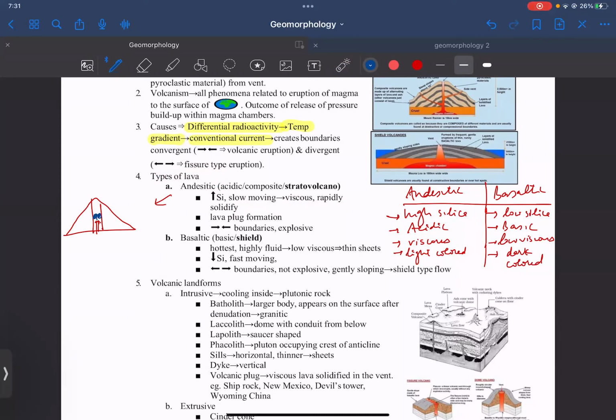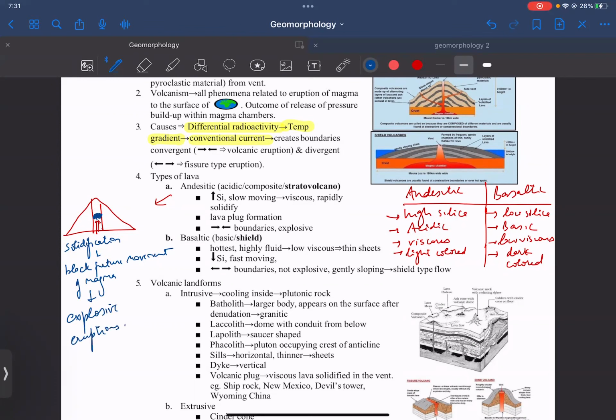Due to solidification, they will block the future movement of magma. So ultimately, if new magma has to rise, they will have to break that plug formed in the vent. So ultimately, this leads to explosive eruptions.